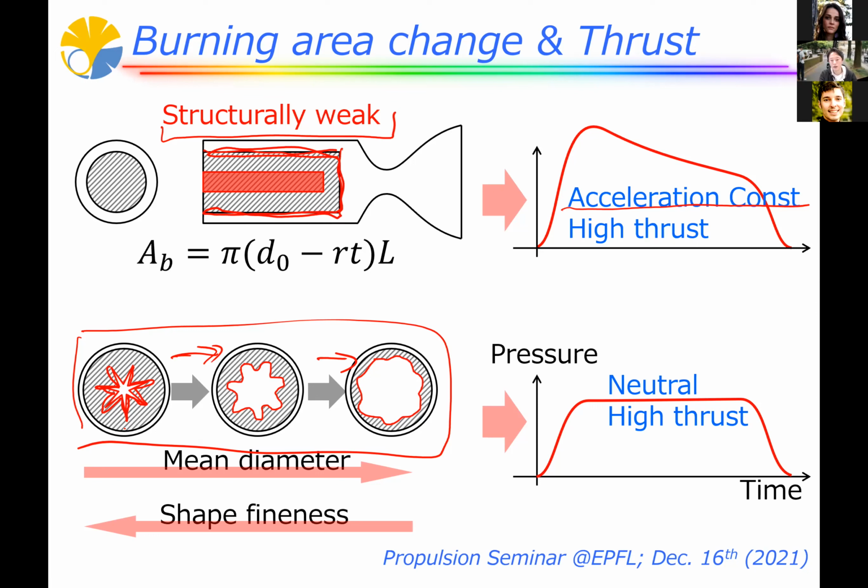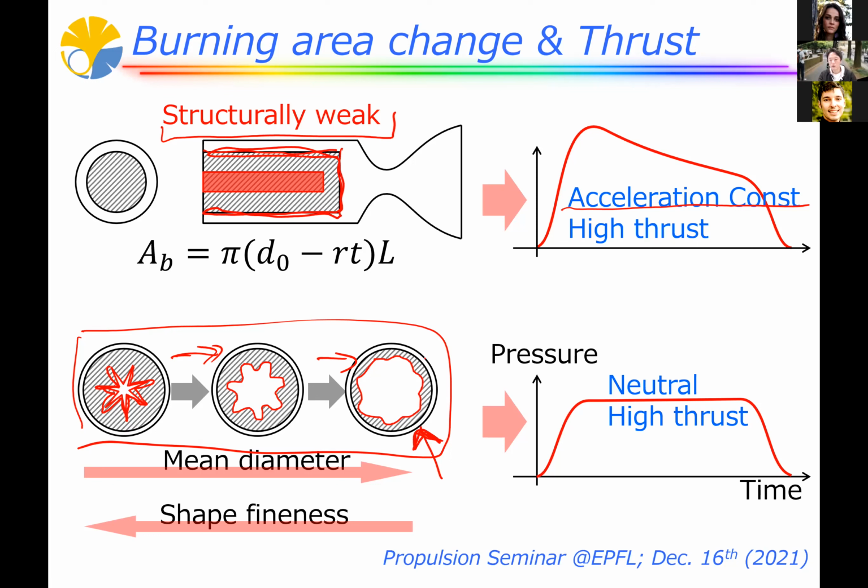So regardless of the very small average diameter, the surface area is so large. And as a last status, mean diameter becomes large.